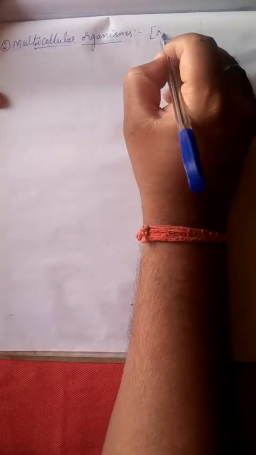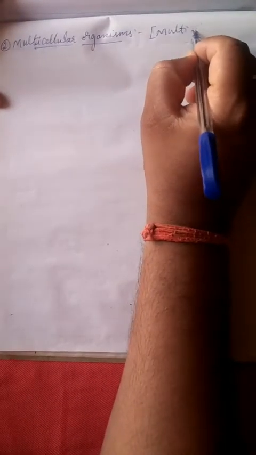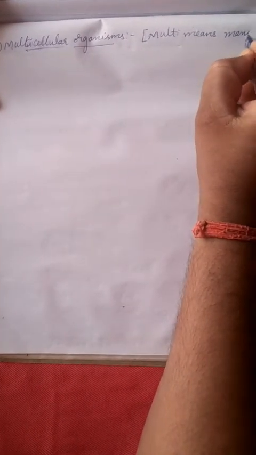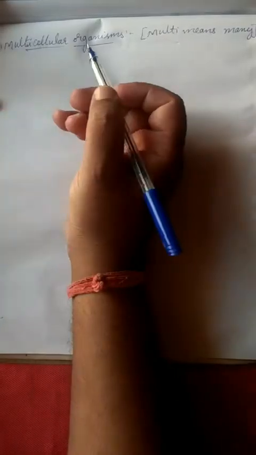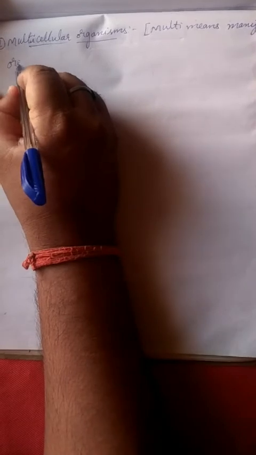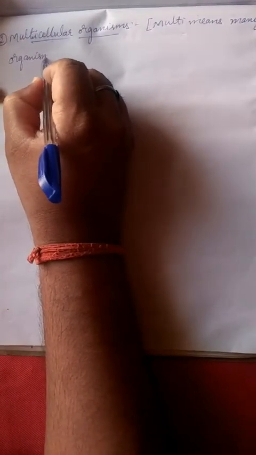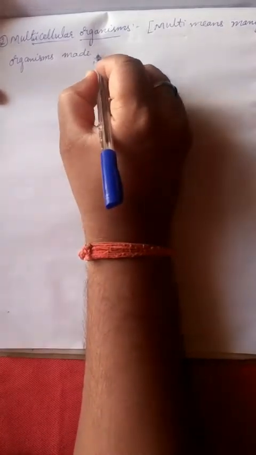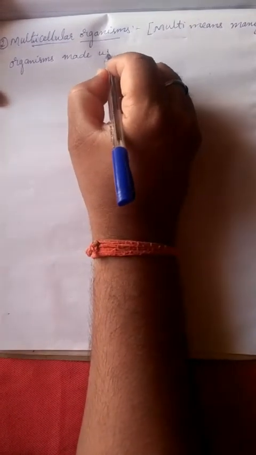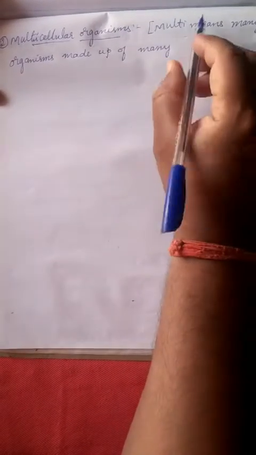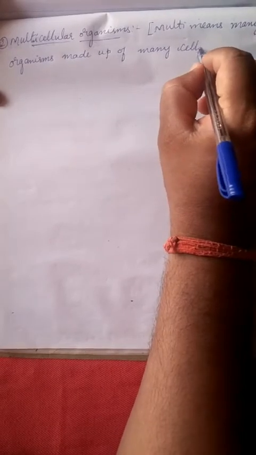Here multi means many. The organisms made up of many cells are called multicellular organisms. The definition is: organisms made up of many cells are called multicellular organisms.